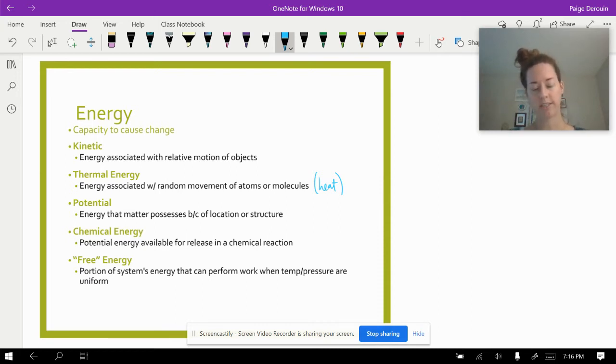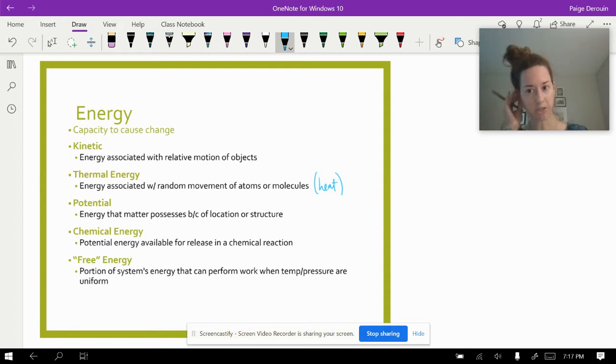Potential energy is energy that exists because of an object's location or because of its structure. So we talk about potential energy in biology. It's often related to the structure of the molecule, such as ATP, which we'll talk about very soon. And then chemical energy is potential energy specifically related to a chemical reaction.